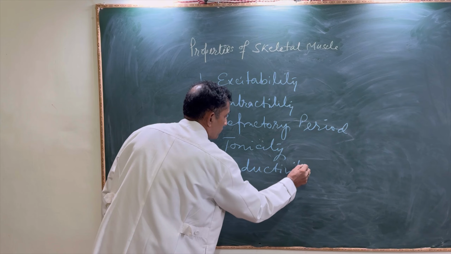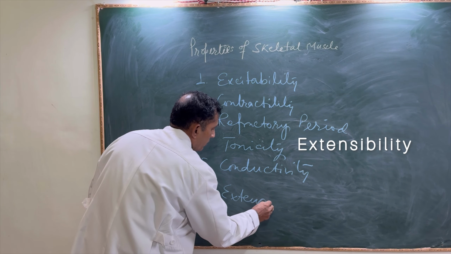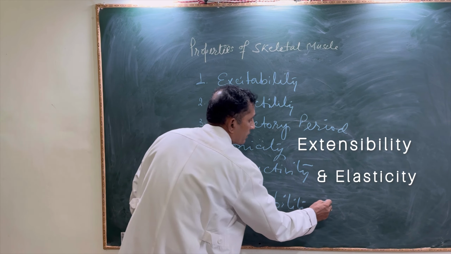Just briefly, if we talk on different properties of skeletal muscle, then the first should be excitability, then contractility, then refractory period, then tonicity, then conductivity, extensibility, and elasticity.